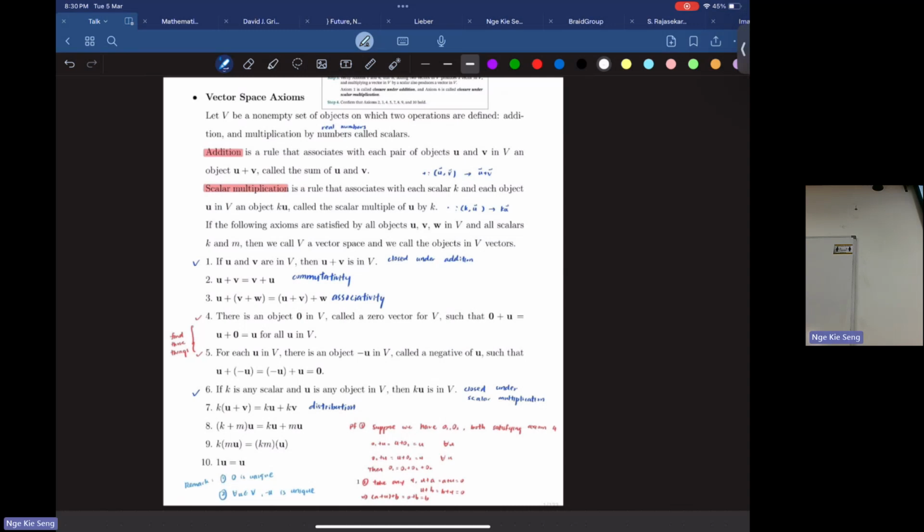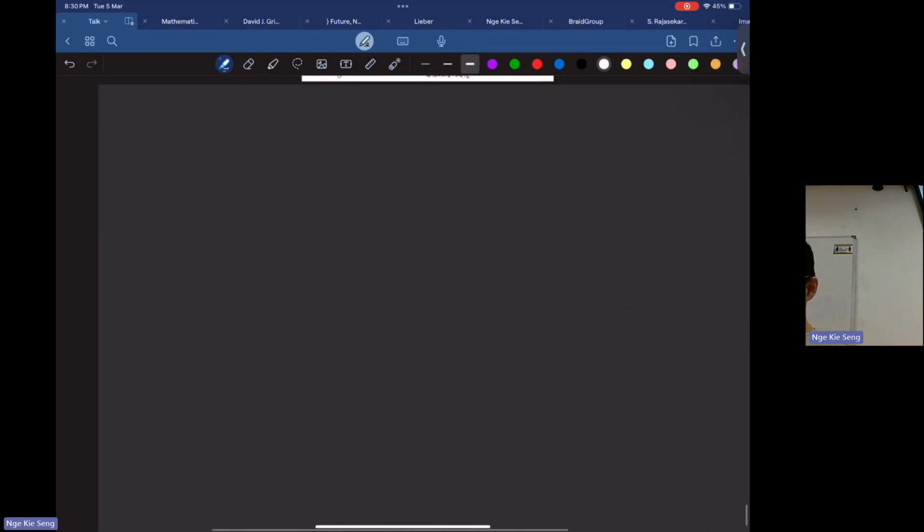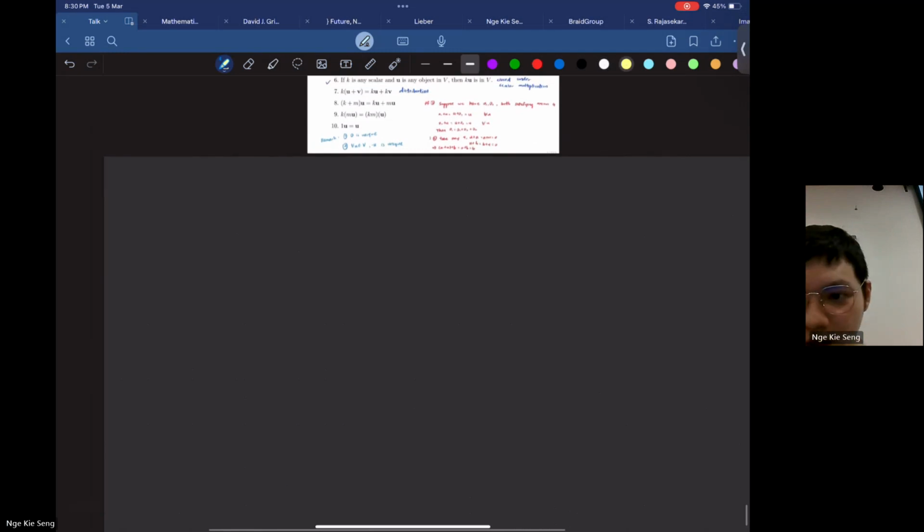And then the other concept is a span. Do you remember what a span is? Maybe I will write the span definition down.